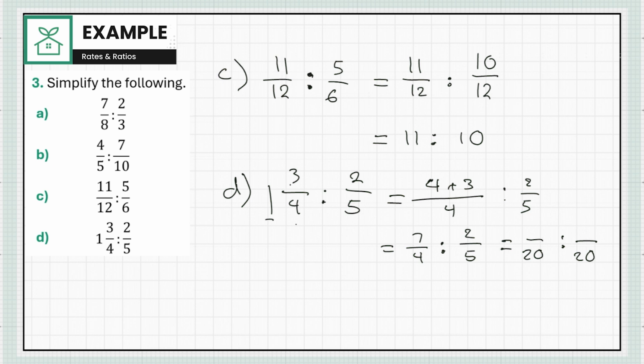In this case, in order to go from 4 to 20, I multiplied by 5, so I have to do the exact same to the numerator 7. 7 times 5 is 35. In order to go from 5 to 20 in our second fraction, I multiplied it by 4, so I have to do the same to the 2. Now that we have both of these expressed as fractions with the same denominator, we can drop both of them, and this will be equal to 35 to 8.